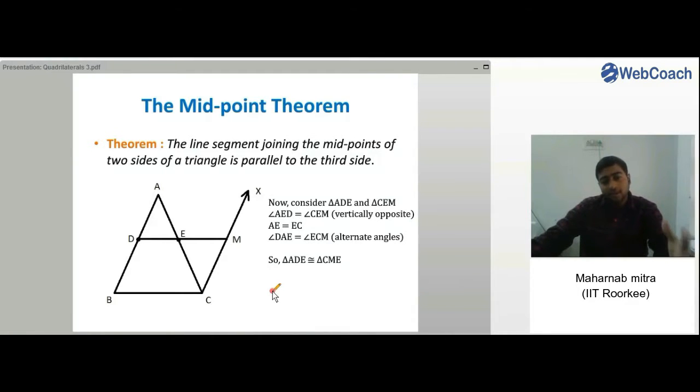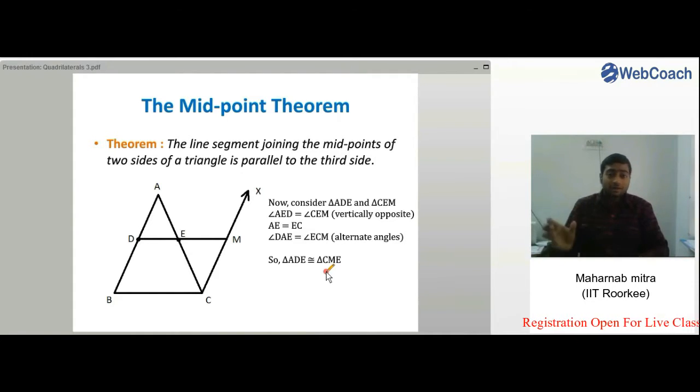Or in the correct order, CME. You should always focus on the order, because when we are putting in the congruency sign, it always means that the letters shown on one side overlap onto the letters shown on the other side of the congruency sign, right?